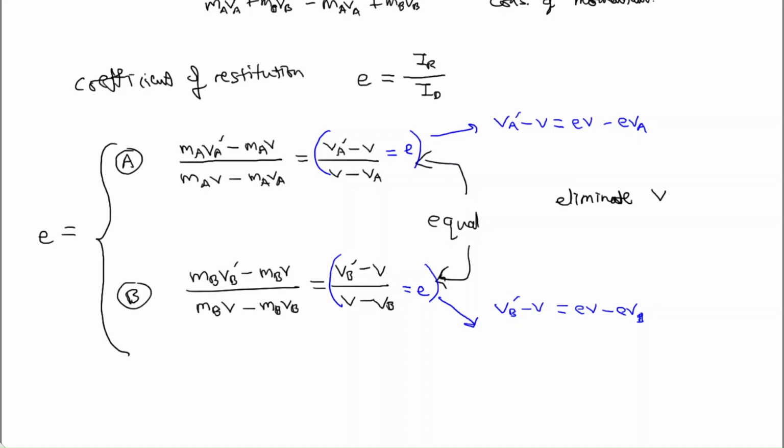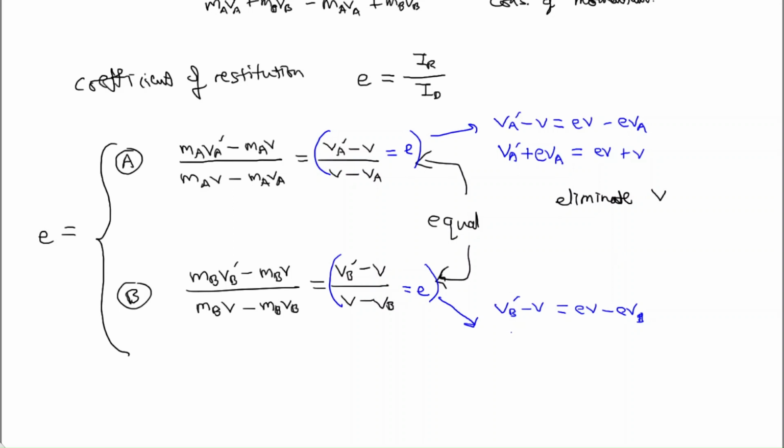What I'm going to do with these two equations is try to eliminate the v variable. So let's get just the plain v variable on the same side of each equation. For particle A, I'm going to write v sub a prime plus e times v sub a, and that will equal ev plus v.